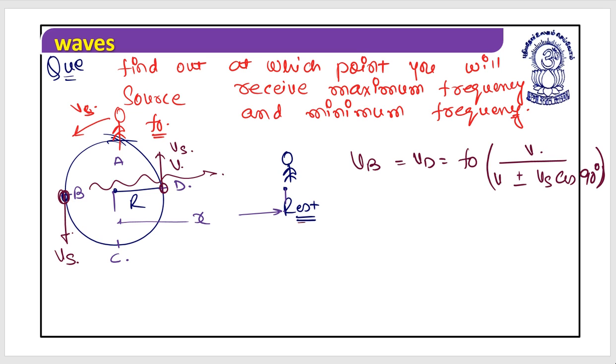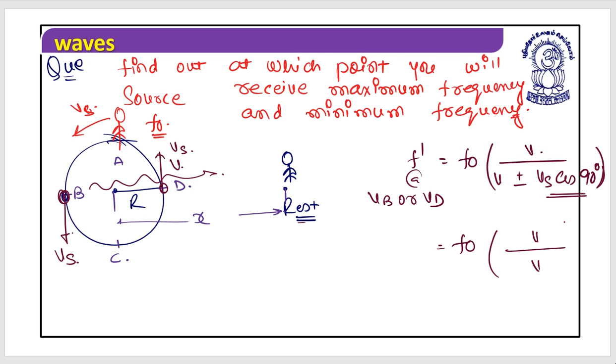So f dash at B or D equals f naught into V upon V, since Vs cos 90 is 0, so this equals f naught.